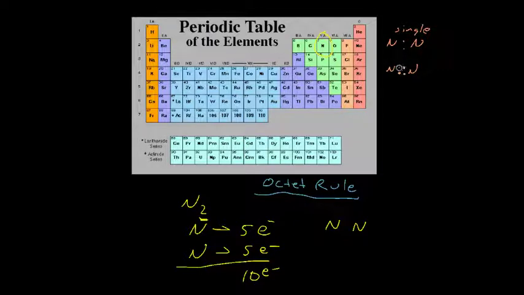Make that a little bit bigger there. This would be a double. This would be a triple. One, 2, 3, and you can kind of get the idea of where that goes. Triple bond, okay?